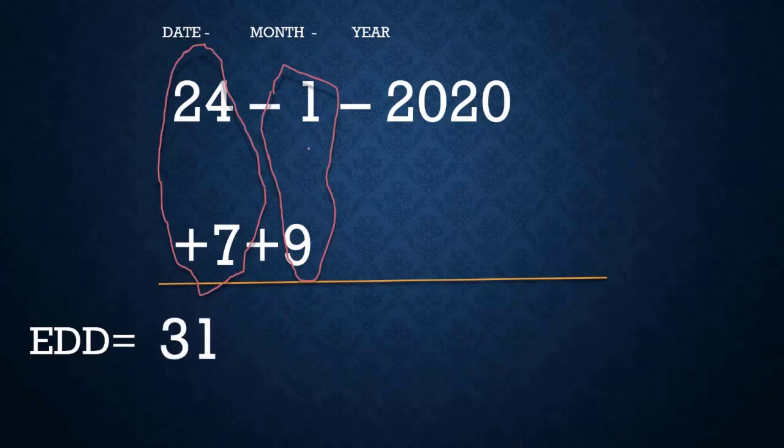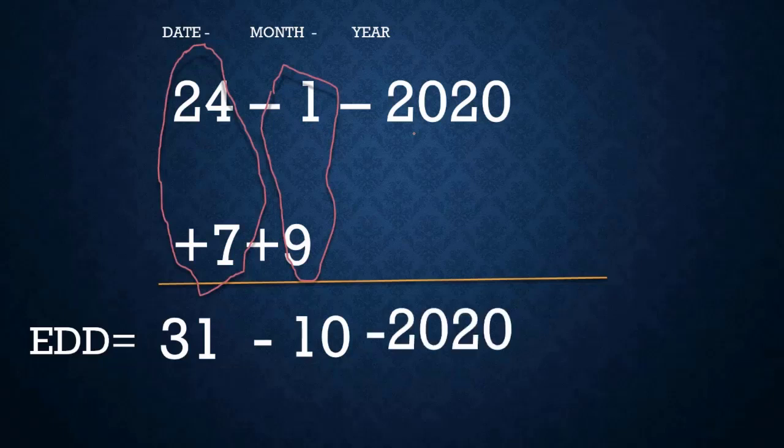And after January, when we add 9 months, the answer will be October. As October lies in the same year, the year will not change. As we know that October has 31 days, the month will not change. So EDD will be 31st October 2020. What does it actually mean? We will know in the next example.